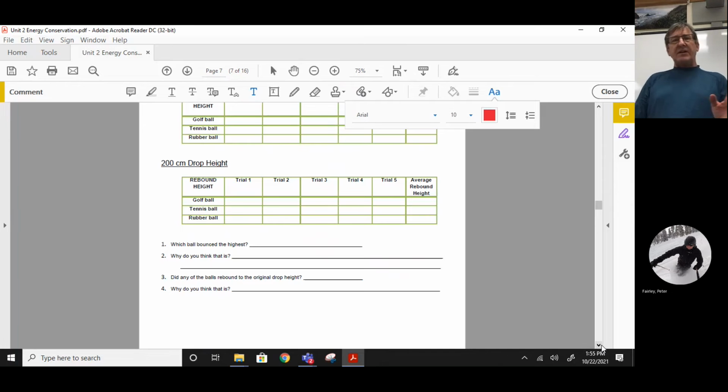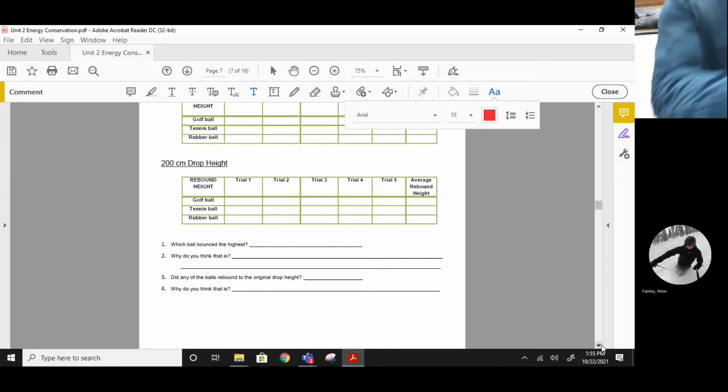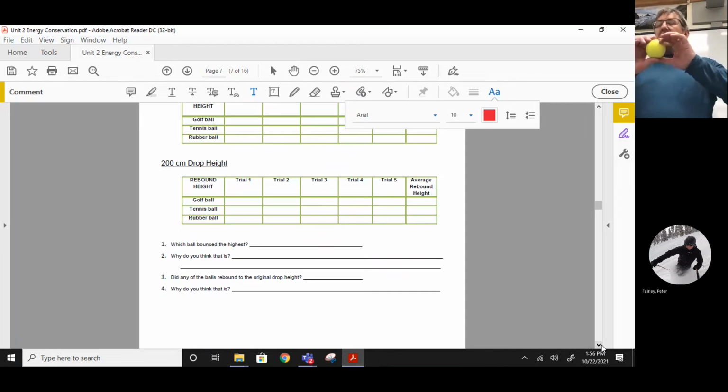So we did some brainstorming in class about the characteristics of the ball. Think about a tennis ball. Inside, it's hollow. But that rubber bouncy ball, it's solid. So that's one of the characteristics that might influence the bounce. How about which one is heaviest? Would the mass influence the bounce?